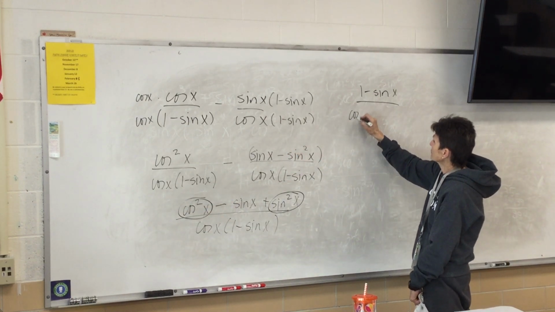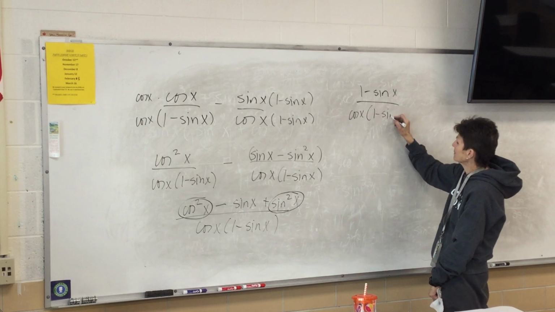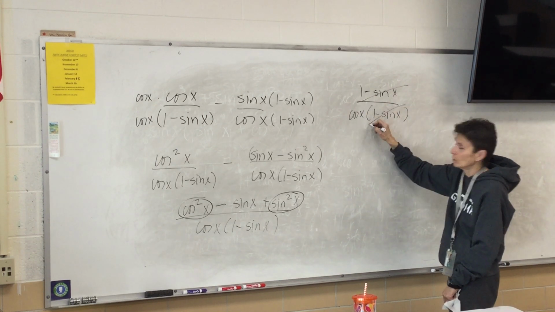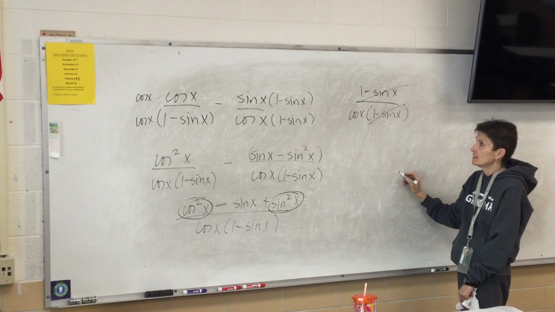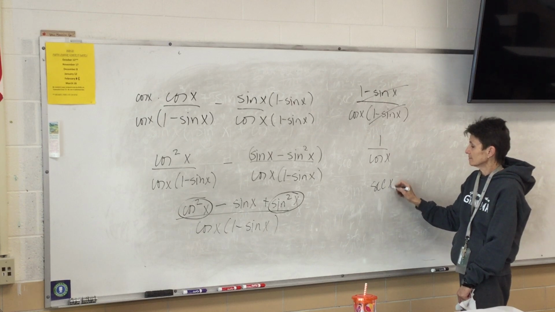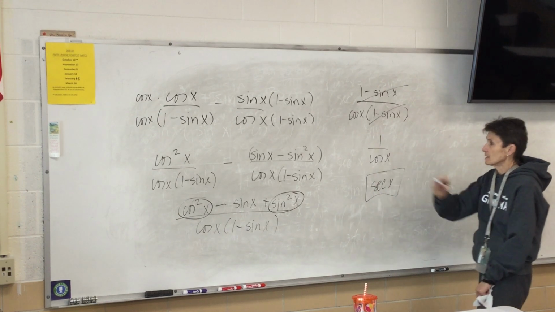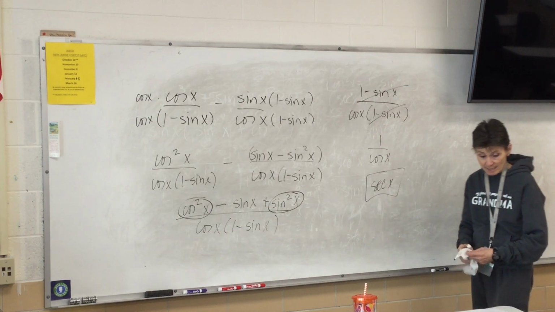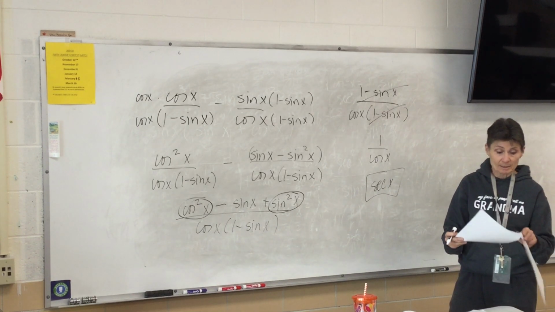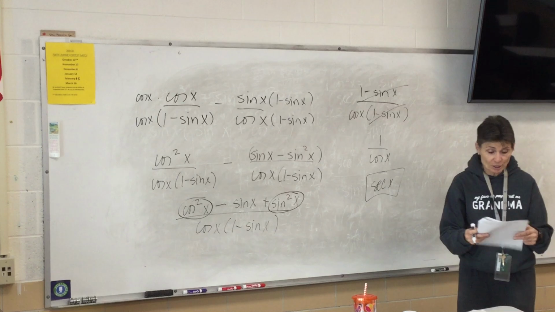And on the bottom, we have cosine times 1 minus sine. How cool is that? So we have 1 over cosine, or secant. So the directions said, simplify this big, huge, hideous mess. And I just did.